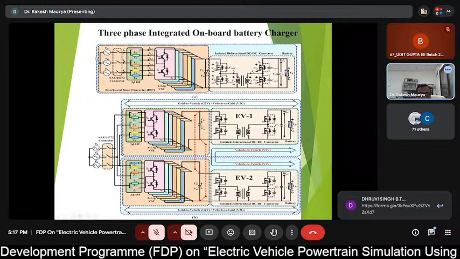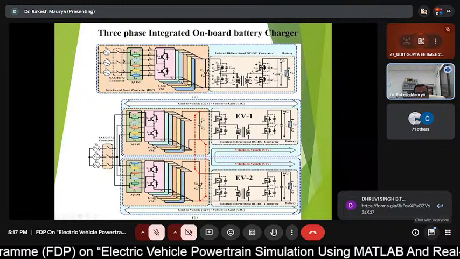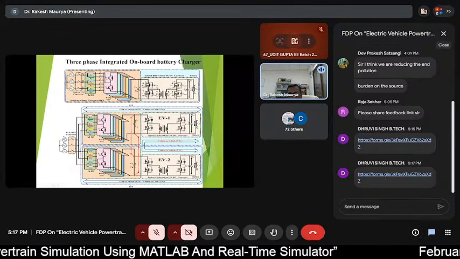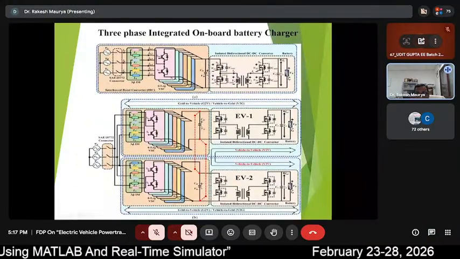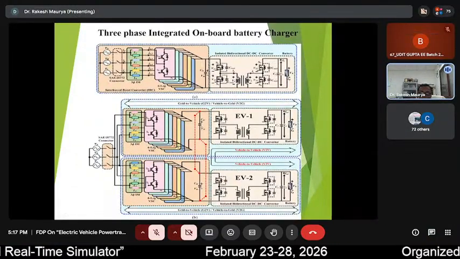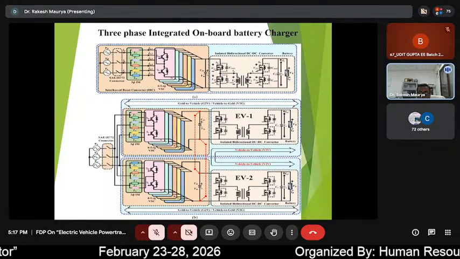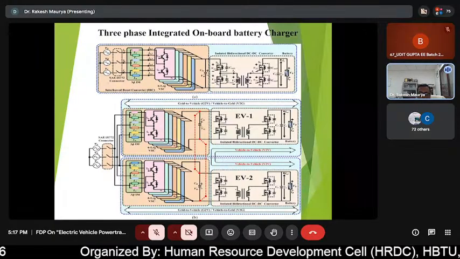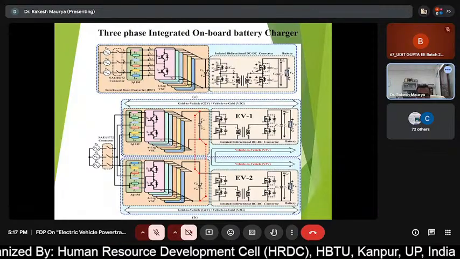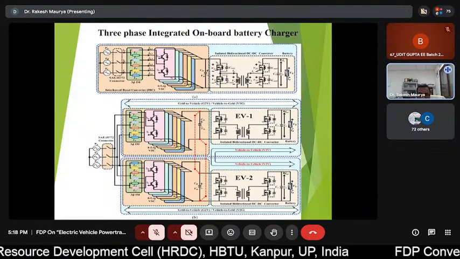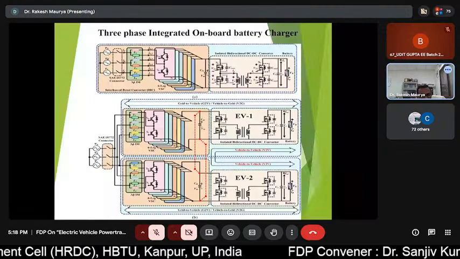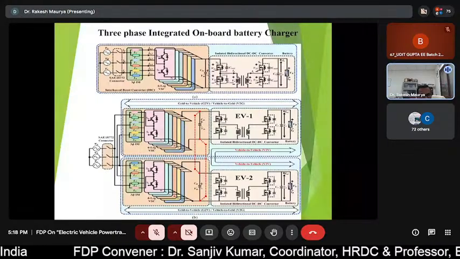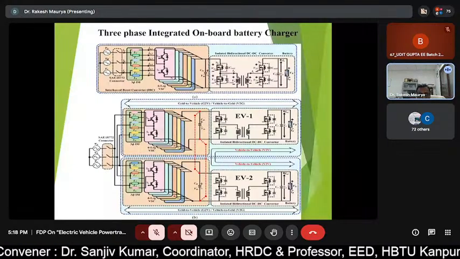As I discussed, grid to battery charging, that is vehicle to grid and grid to vehicle, is already there. But vehicle to vehicle charging can also be done. If you see the Indian scenario, I think none of the vehicles have a multifunctional charger. Today, we are replacing IC engine based vehicles. The e-rickshaw is very common in India, in rural cities and villages also.